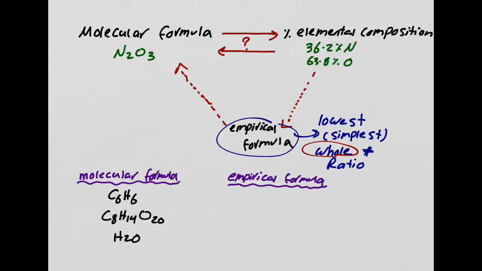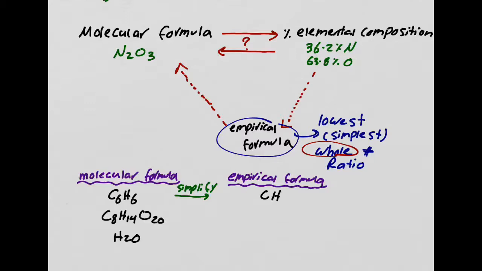Yes, you could simplify this. I could simplify it by dividing it by 6. If I do that, what do I get? I get CH. So CH is the empirical formula. This was my formula, but I could simplify it to CH. So the empirical formula would be CH.